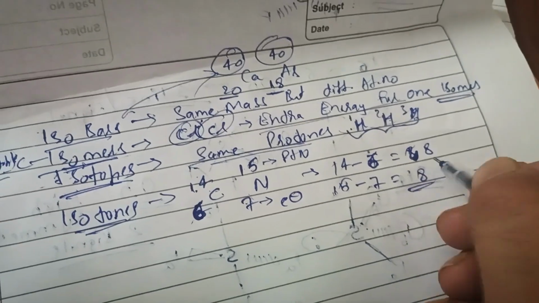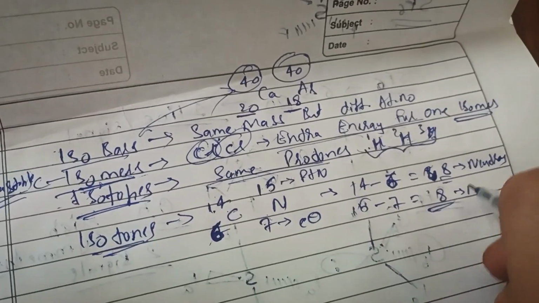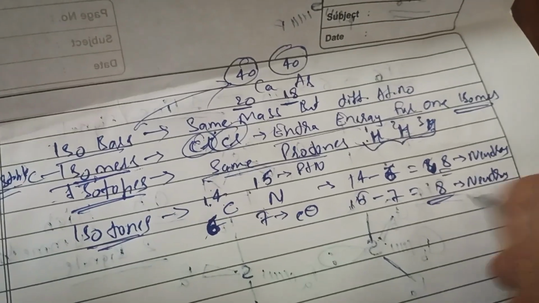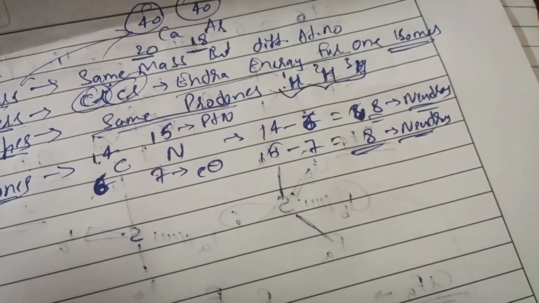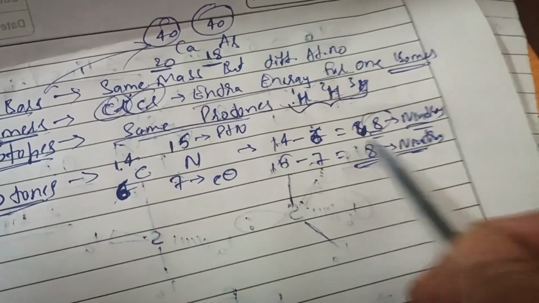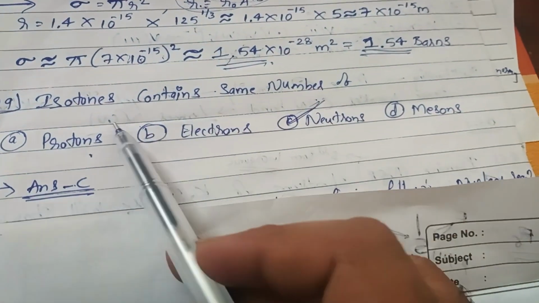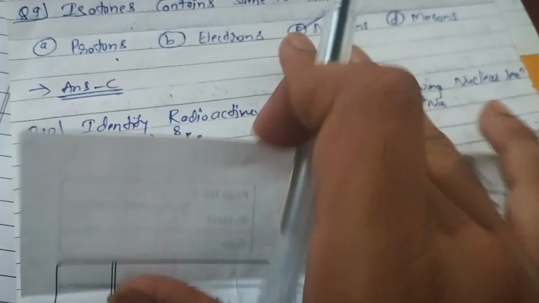These are the neutrons. Like this, 14 minus 6, 15 minus 7, 8. These are the isotones which we have discussed now, which have the same number of neutrons.